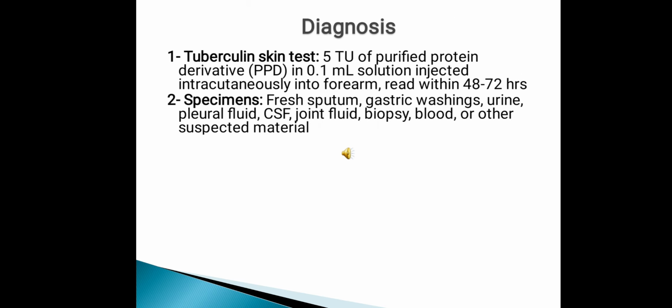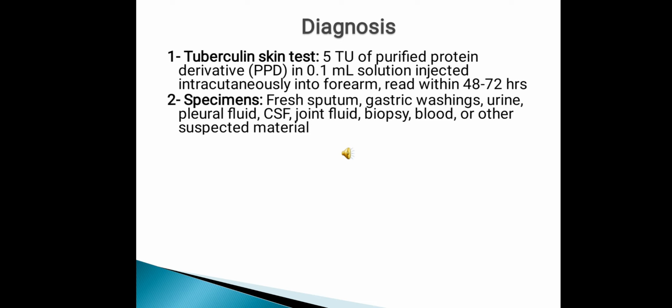For diagnosis of Mycobacterium tuberculosis, or diagnosis of the disease, it is called TB or tuberculosis. First, we can use a specific skin test. This test is called the tuberculin test, and it contains 5 tuberculin units of purified protein derivative, and this protein is mainly obtained from the cell wall of the bacteria.